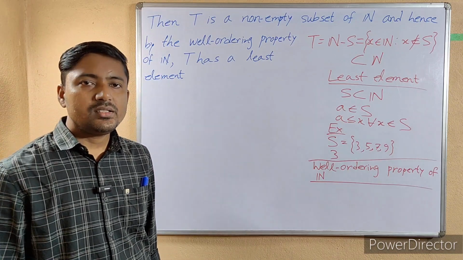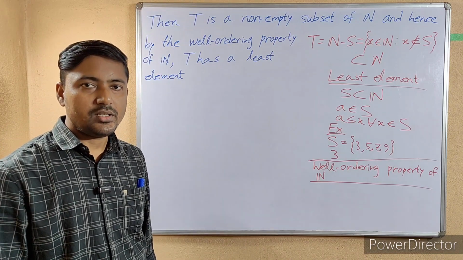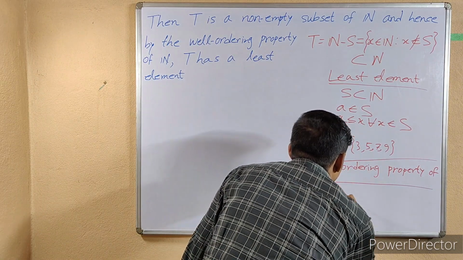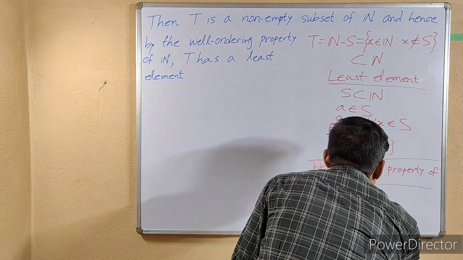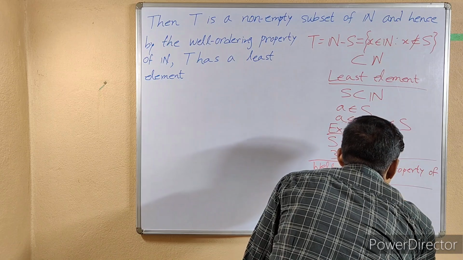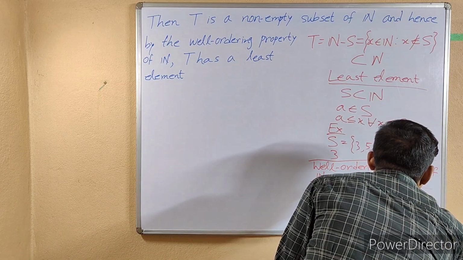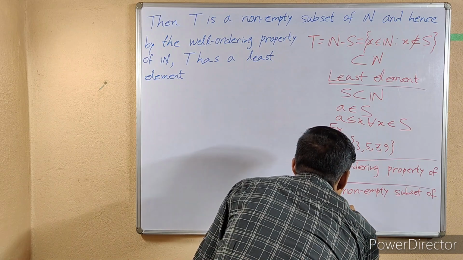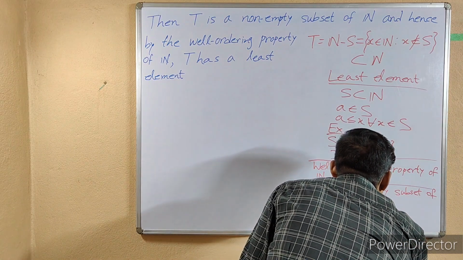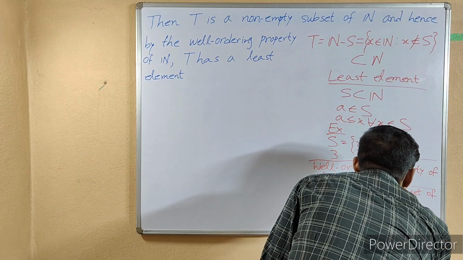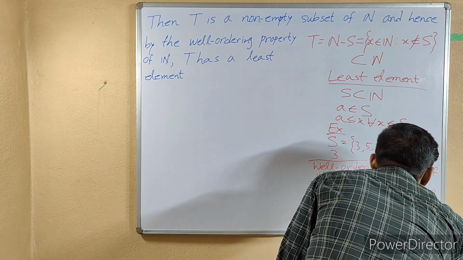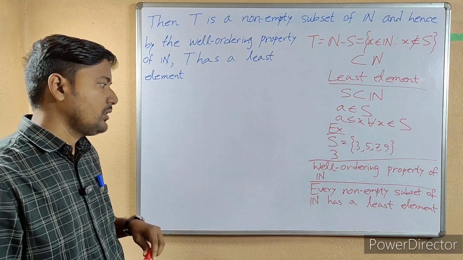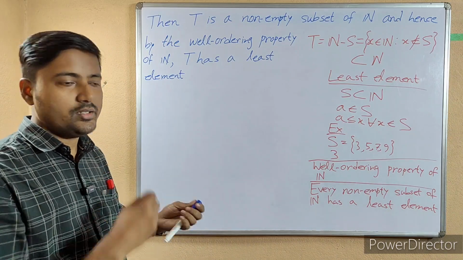Every non-empty subset of N has a least element. Okay, this is the well ordering property of N.